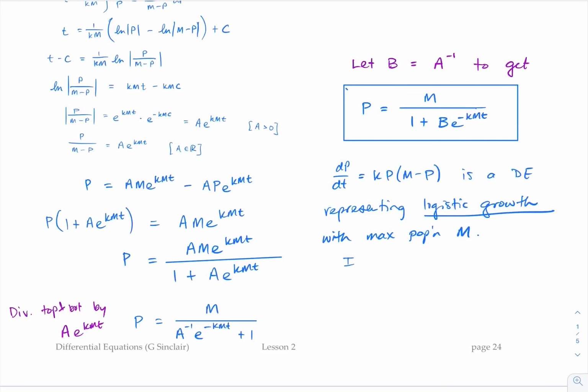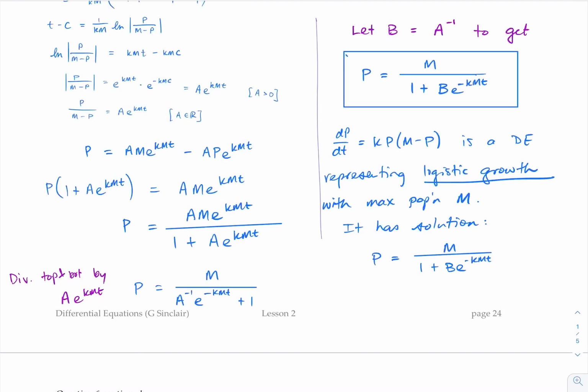Okay. It has solution. Okay, we've just solved it in general. P equals m over 1 plus b e to the negative kmt.